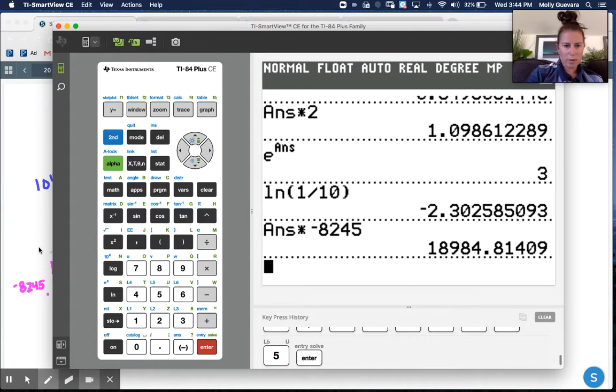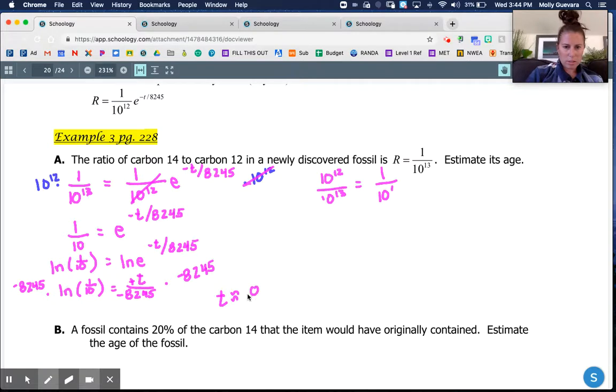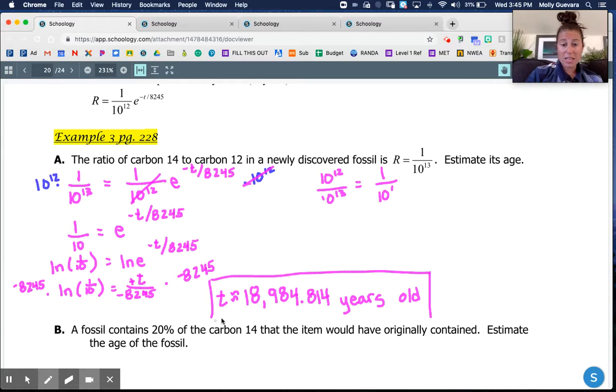So t is about 18,984.814 years. So that's how old this fossil is. It's almost 19,000 years old. And I can tell that just by the amount of carbon-14 that remains in the fossil. So that's pretty cool, right?